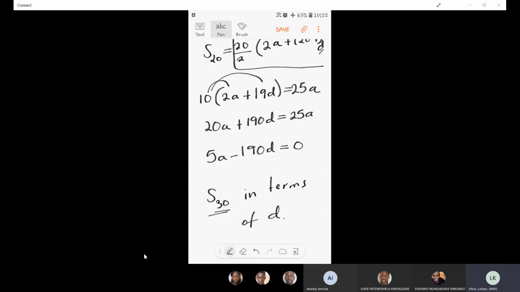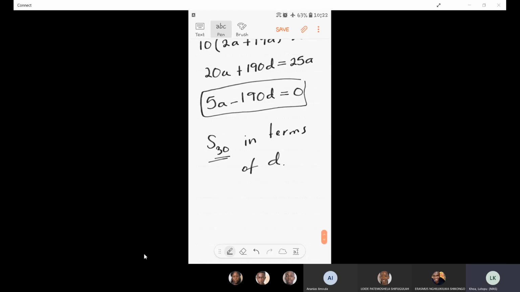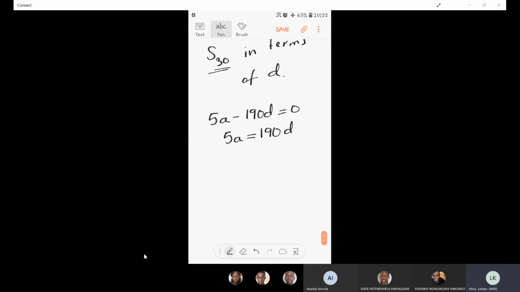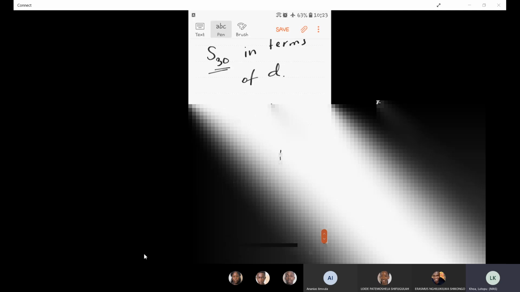So we will use this equation over here, and make A the subject of the formula. So 5A minus 190D is equal to 0. This 5A is equal to 190D. Then you divide by 5 on both sides. You get A is equal to 38D.